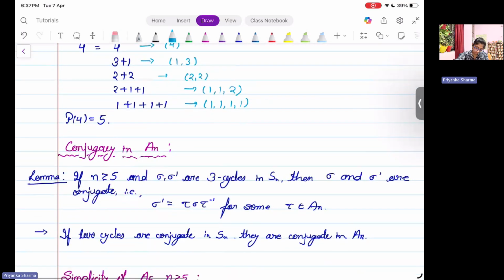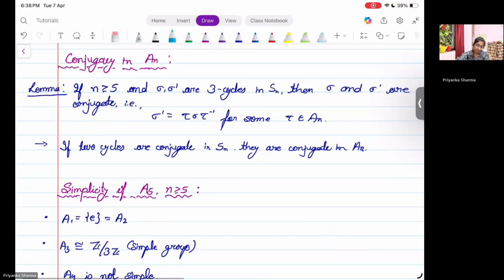Now what is conjugacy in An? If n is greater than or equal to 5, that is, we are working in Sn where n is greater than or equal to 5, and sigma and sigma dash are two different 3-cycles in Sn, 3-cycles meaning cycles of length 3, then sigma and sigma dash will be conjugate.